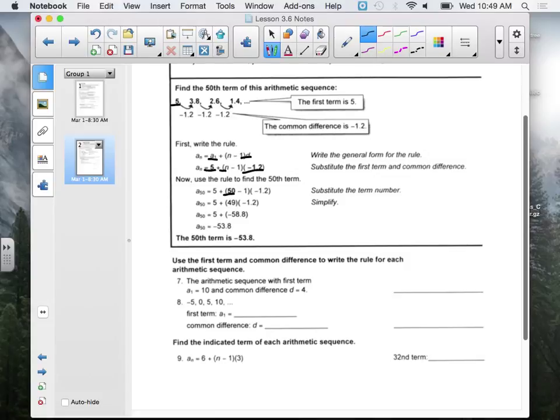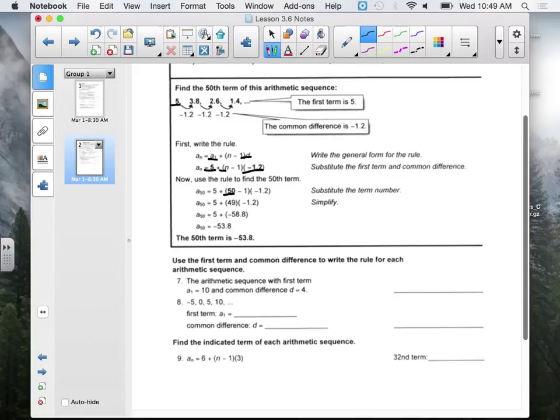Why is this a sub 50 instead of a sub n like it was in the general rule? Because a sub number term. It's what? A sub n, then n means number term, so a means any number, so it's any number of 50. Or a of term number.